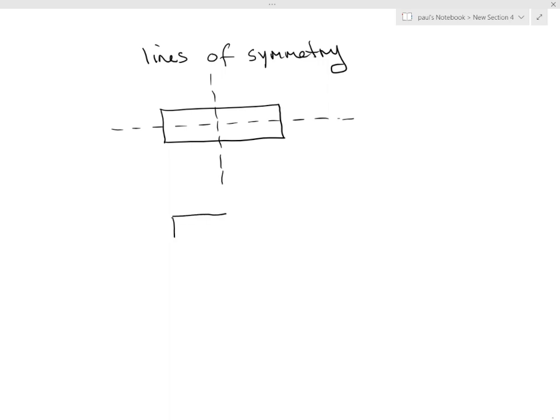A square would have a line of symmetry going that way and that way, just as the rectangle does, but also you can do the diagonal. So that has two lines of symmetry and this one has four.